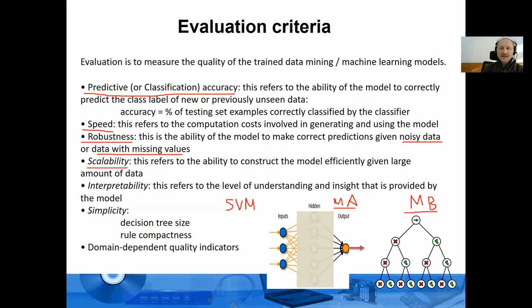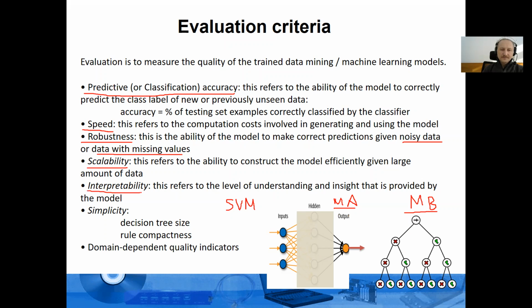But if your model is not scalable, and cannot deal with data beyond a certain size, that is why scalability is another important issue. Usually decision tree models are more scalable, which means they can deal with larger amounts of data than the other models.